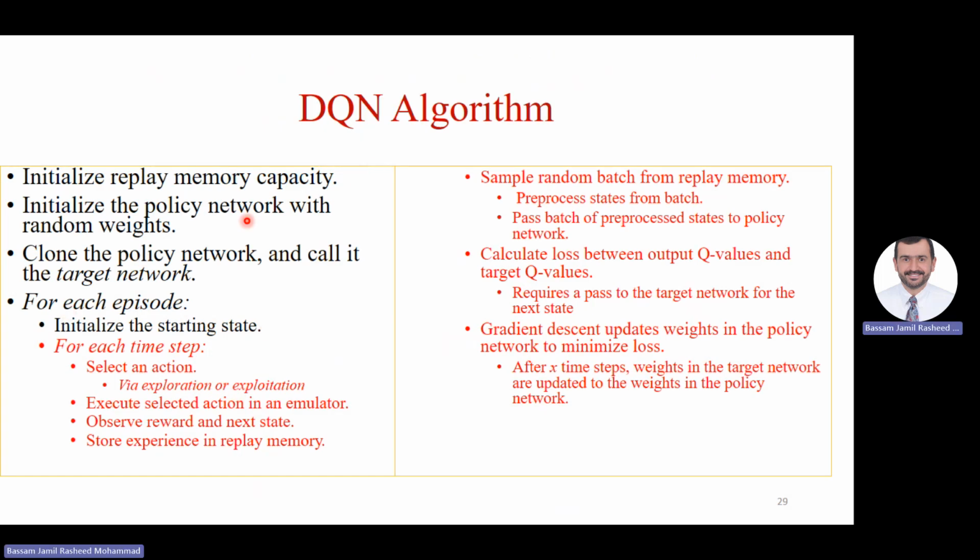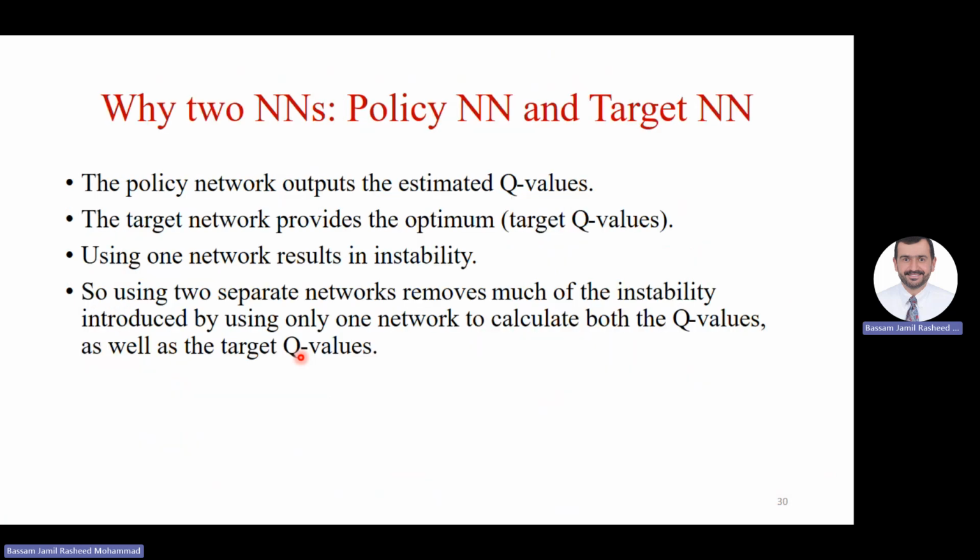So this is the algorithm, and I've already talked about all the steps of it. Again, why two networks? The policy network outputs the estimated Q values, and the target network provides the optimum action values of the next state. Using one network can result in instability, but two networks stabilize the simulation better.